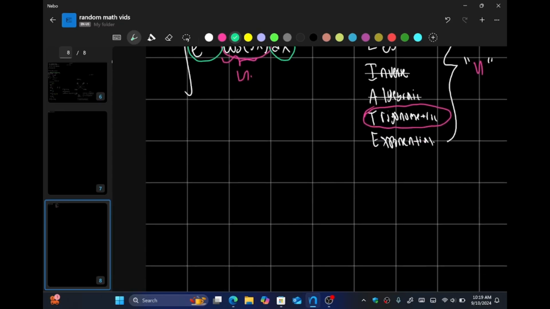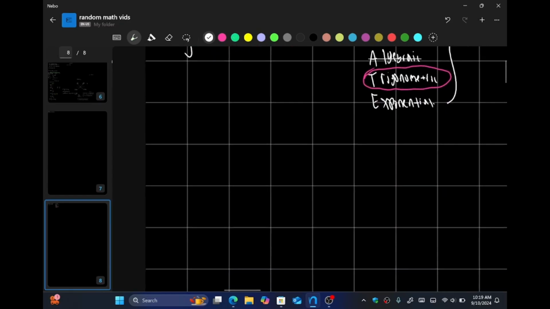Just for the sake of it, I always like to list our formula for integration by parts.